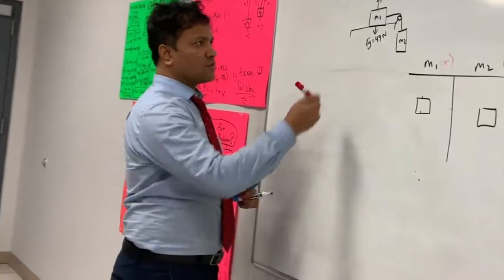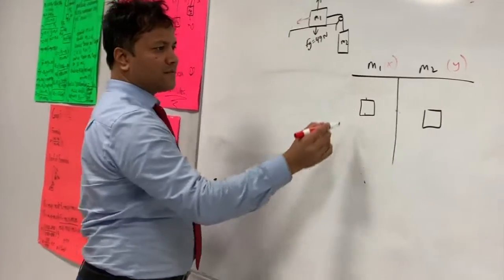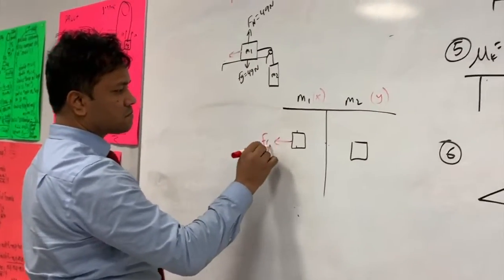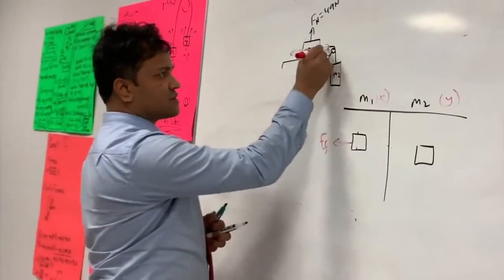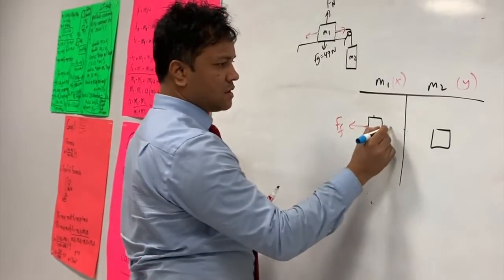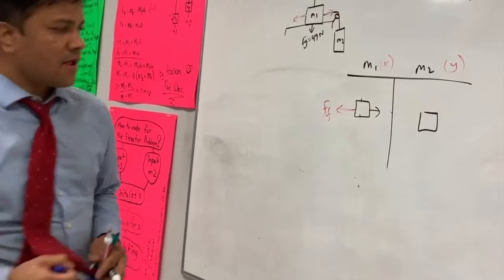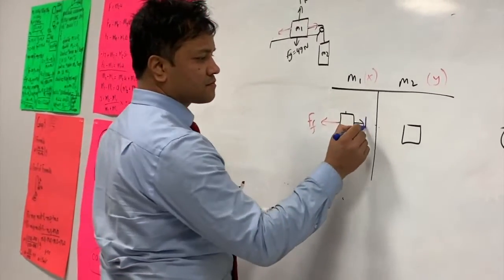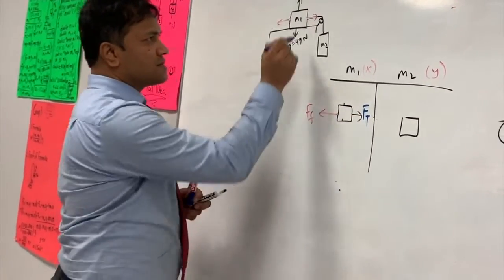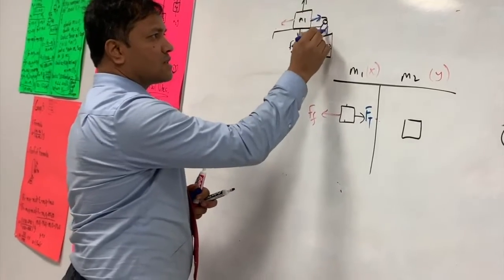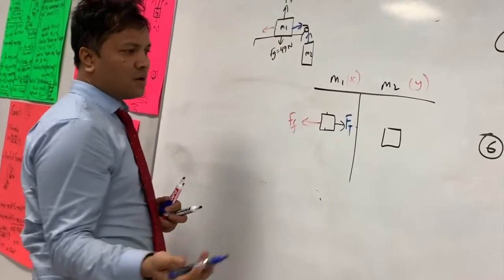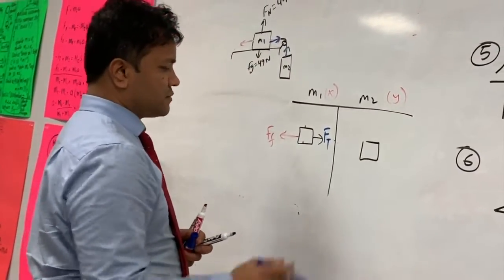In the x direction I have 2 forces. One is Ff, and I have this one, tension, Ft. I'm going to write it in blue, Ft. This blue and this blue are the same thing because it's one rope, only one tension force.